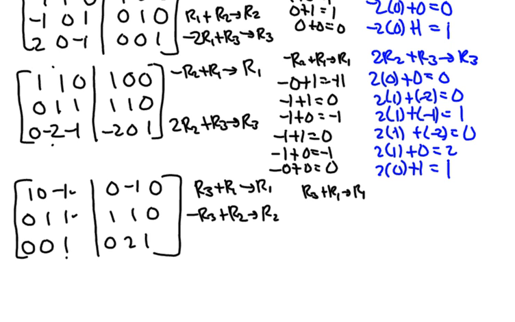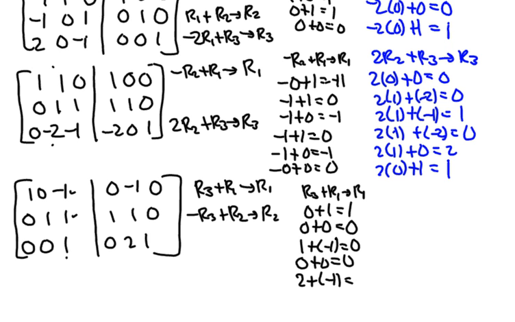So it would be row 3 plus row 1. Now, let's take the opposite of R3 plus R2 is my new R2.